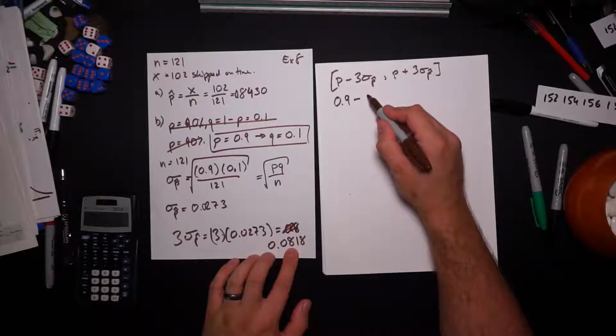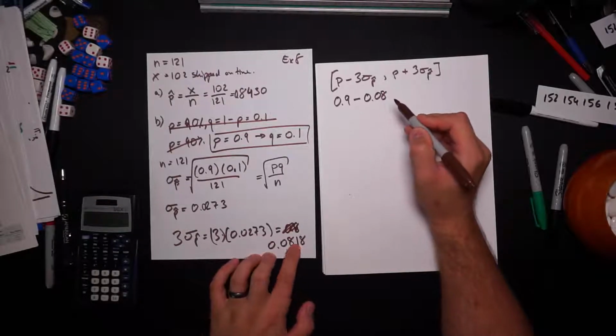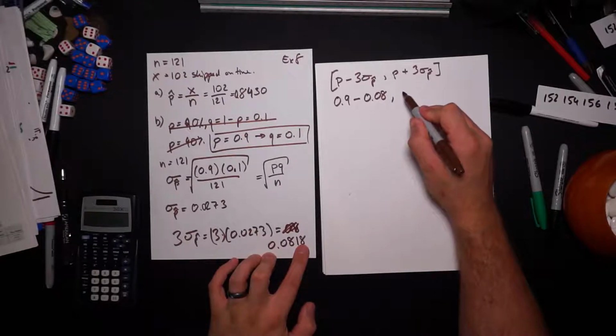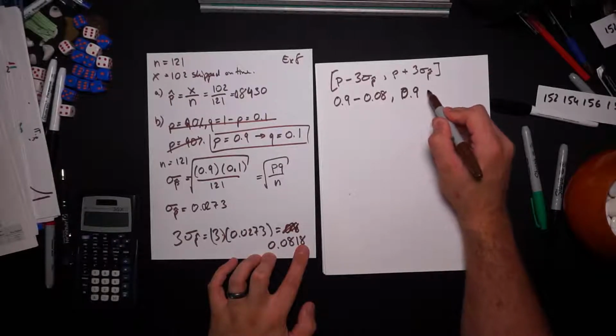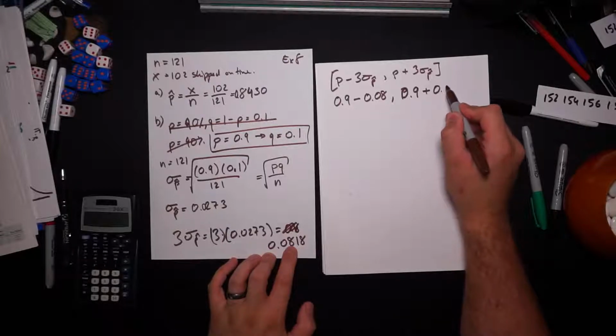I'm going to round it, because this 1/8 won't make a difference. So 0.9 plus 0.08.